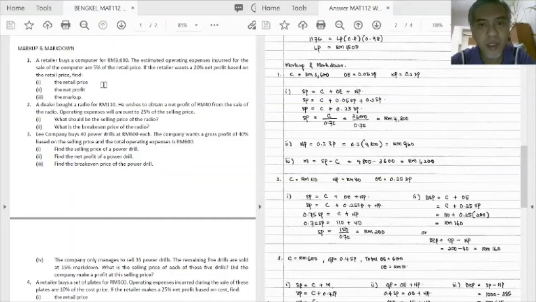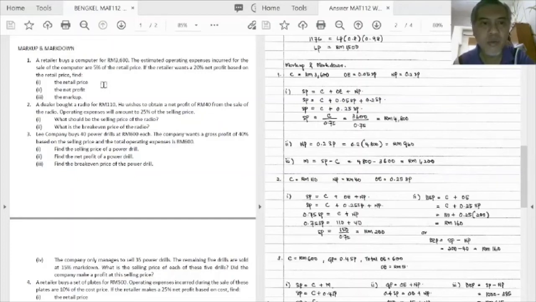Before we start with the solution, as I mentioned earlier in my previous videos, you need to identify the given information. So how do you identify it? In mathematics, normally the given information is in terms of numbers.